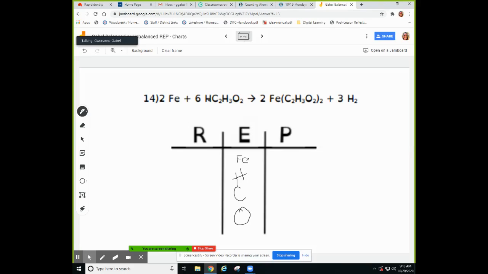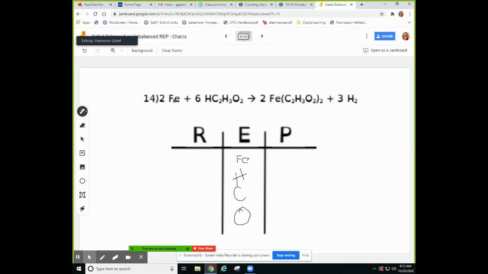Iron, hydrogen, carbon, oxygen. Now notice, in this chemical formula, we have hydrogen twice. So I'm going to combine those. You can add them up however you want, but they both have to be accounted for.